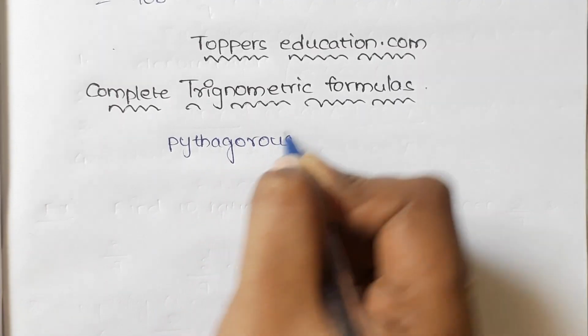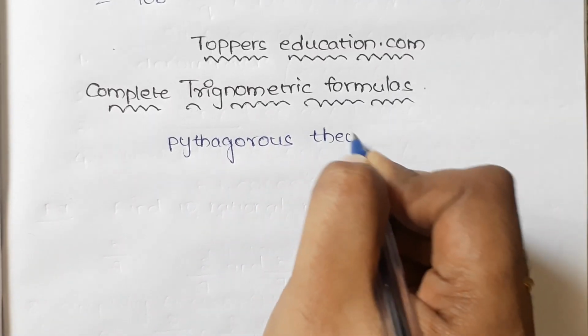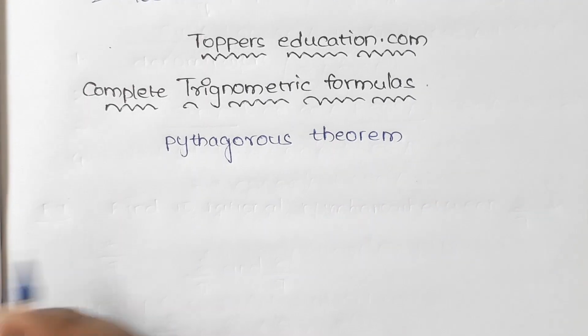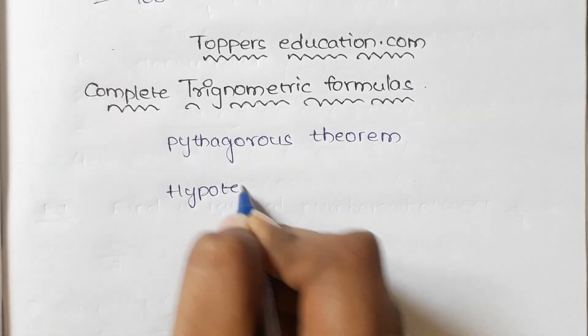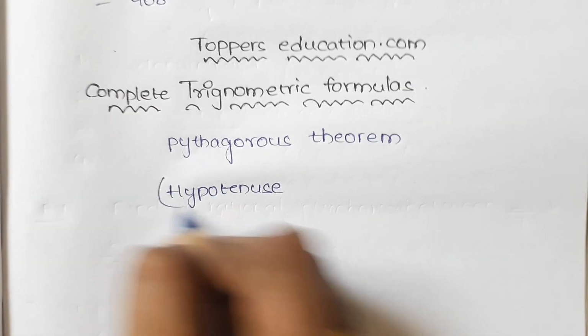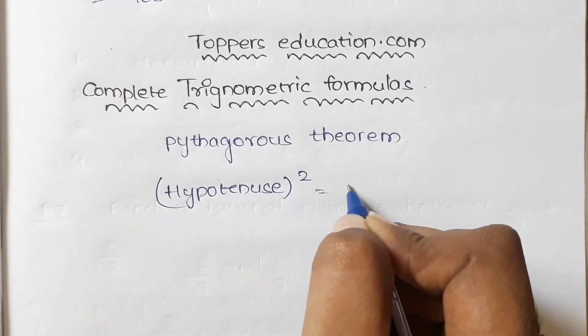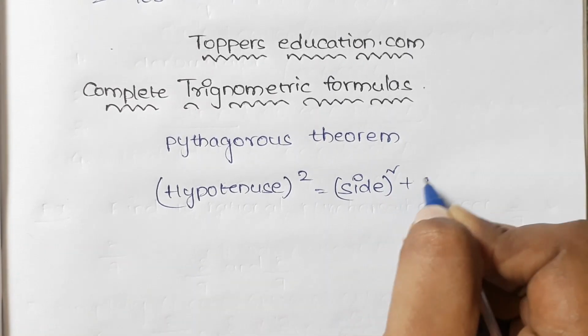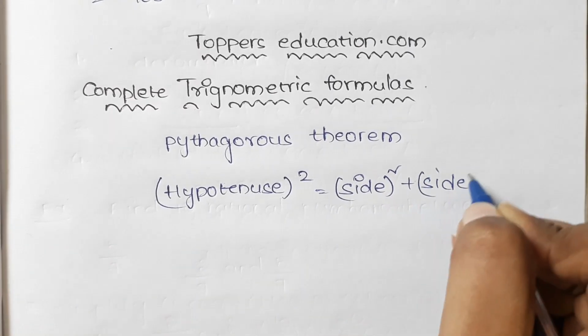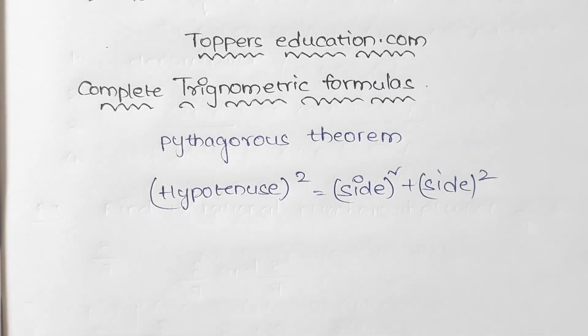We know that Pythagoras theorem is nothing but hypotenuse square equals side square plus side square, that is, opposite side and adjacent side.